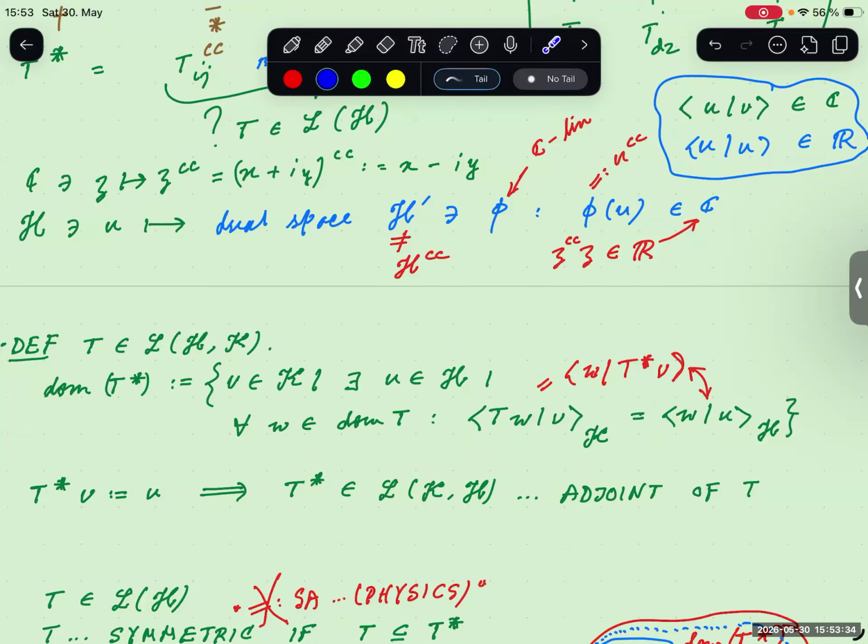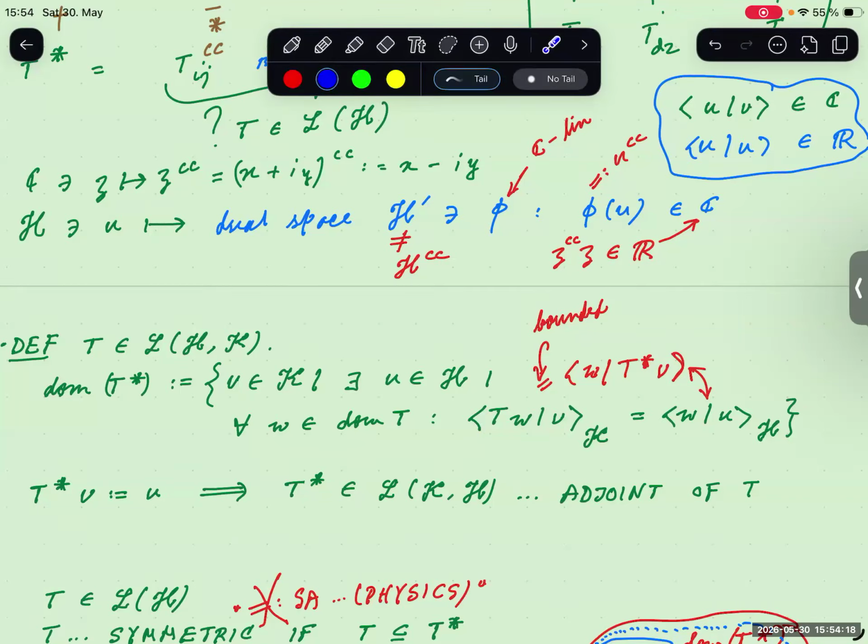Okay, what's the problem? Why can we not write it? The reason is the domain issue. Had it been a bounded operator, then we could write it, because a bounded operator is defined on the whole Hilbert space. So if T acts on W, it is still in the Hilbert space. It's not going anywhere else. But since this is an unbounded operator, we do not know where TW is, right?